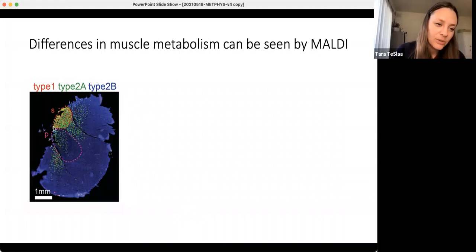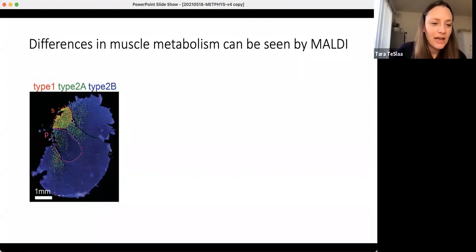within one section. So what you can see here is the soleus muscle that is labeling for a lot of type 1 and type 2A fibers. This is immunofluorescence. The plantaris muscle, which has some of these type 2A fibers, but is mostly type 2B.